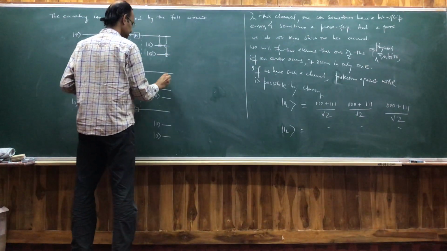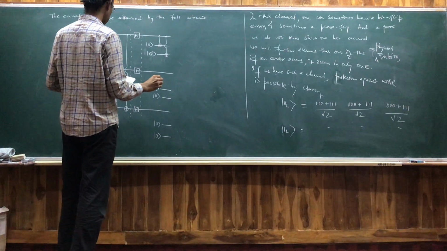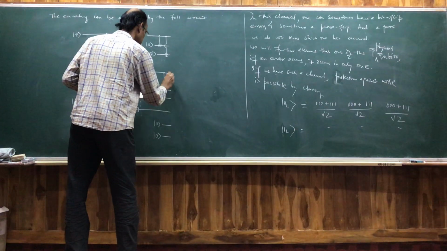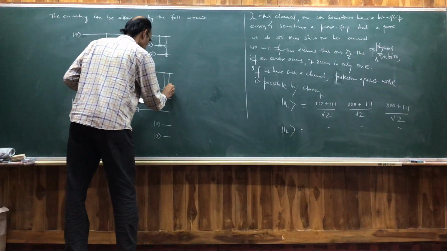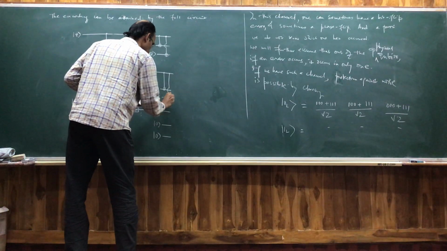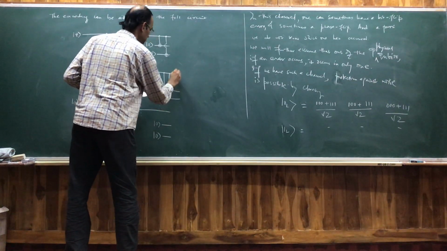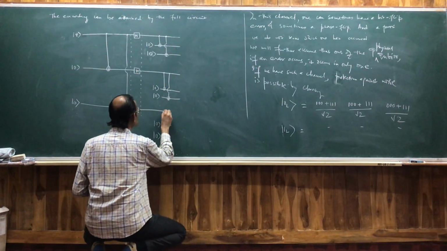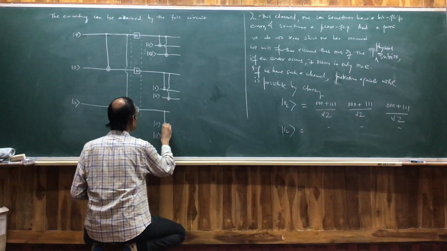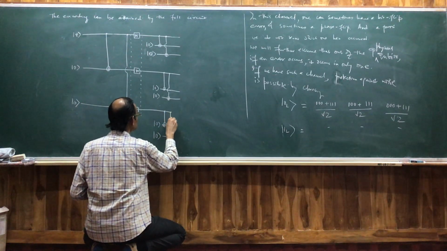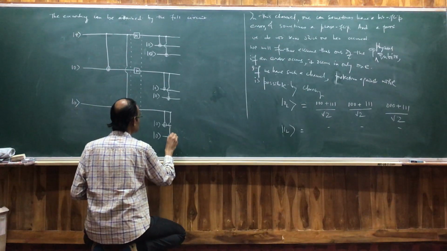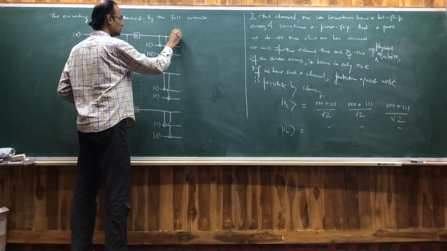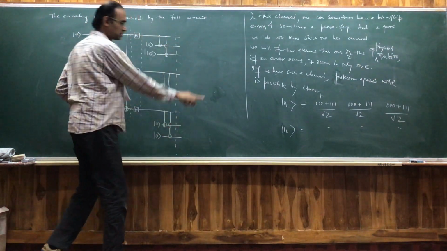C naught gates on all of them. This will be the Shor code.